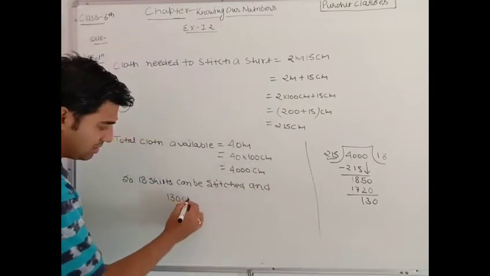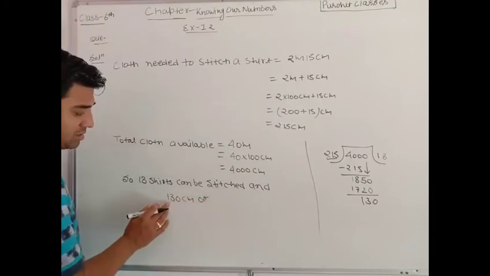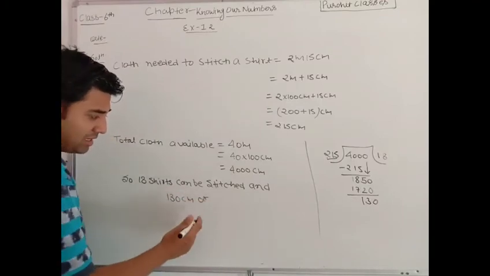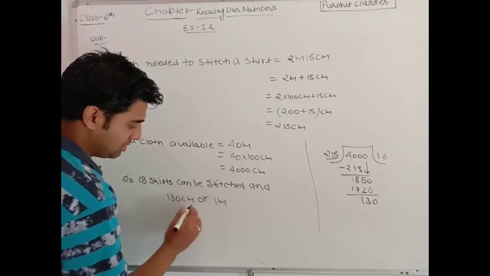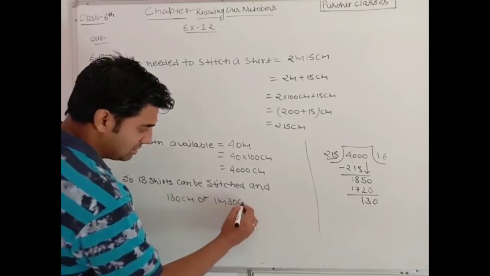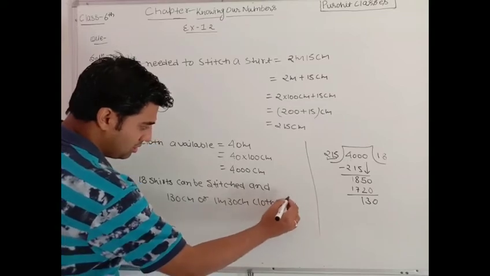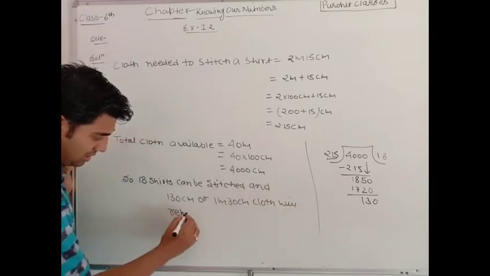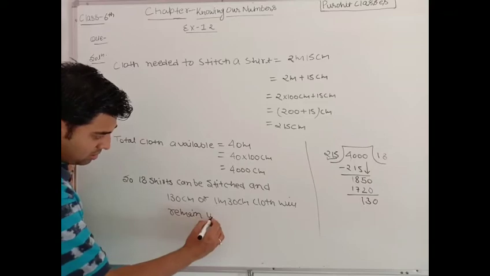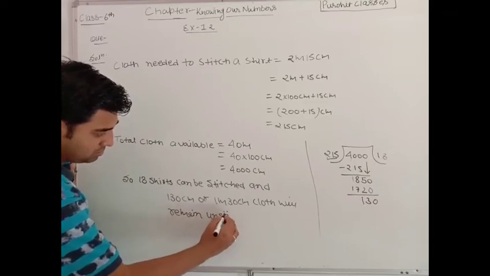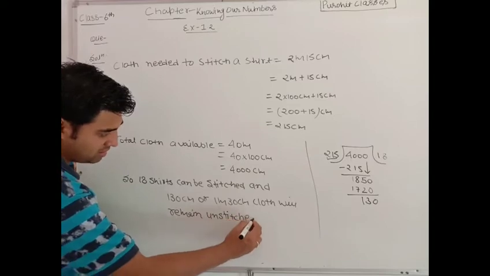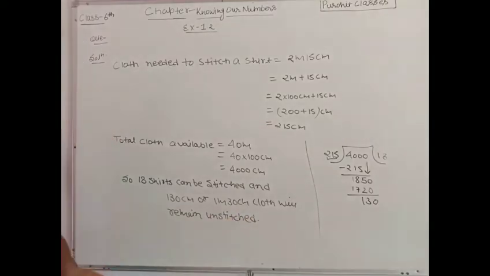Centimeter, or we can write it as 100 plus 30. 100 can be written as 1 meter, so 1 meter 30 centimeter cloth will remain unstitched. Understood? So pause the video and note it down.